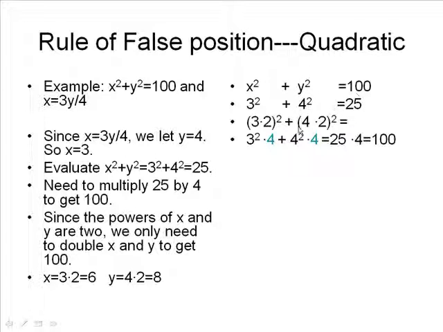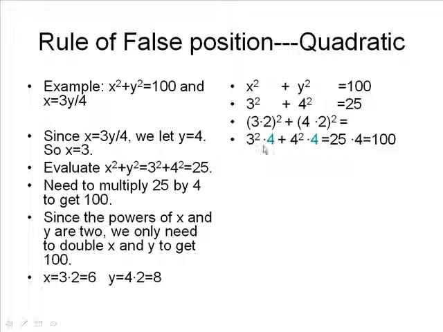But does this mean we just need to multiply 3 and 4 by 4? The answer is no, because here the problem has degree 2. And notice, if we double our numbers 3 and 4 and plug them in, because of the square, we distribute the power to each base. So we get 3 squared times 2 squared, which is 4, plus 4 squared times 2 squared, which is also 4.